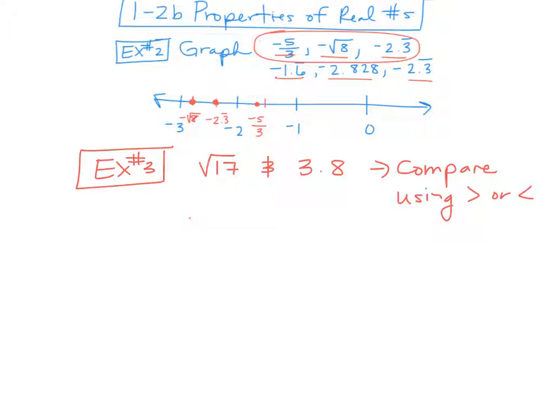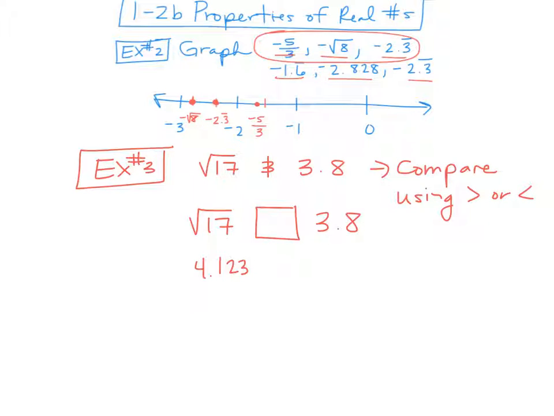Basically what we're saying is the square root of 17 is greater than or less than 3.8. What's one way you can figure out which one of those is bigger? Find the square root of 17. Plug it into your calculator, right? If you calculate that, the square root of 17 is 4.123. Does anyone see a different way that you wouldn't even need a calculator for?